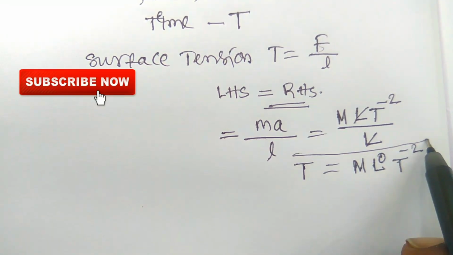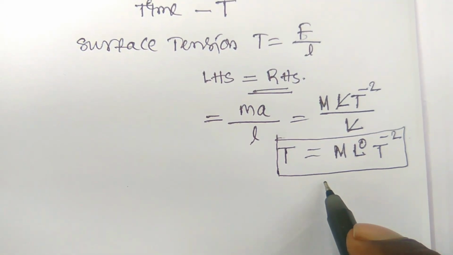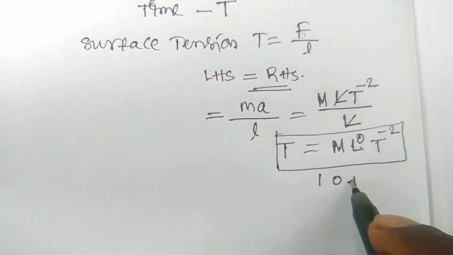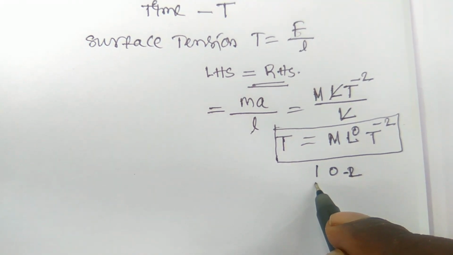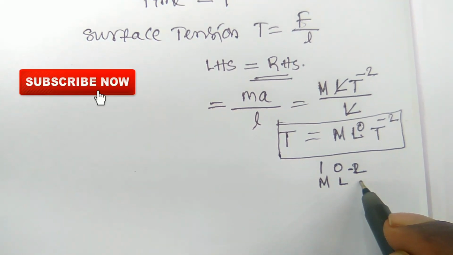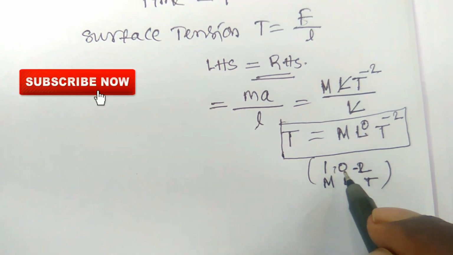This is the dimensional formula of the surface tension, and the dimensions of the surface tension are 1, 0, minus 2. So 1 belongs to the mass, 0 belongs to the length, and minus 2 belongs to the time. These are the dimensions.